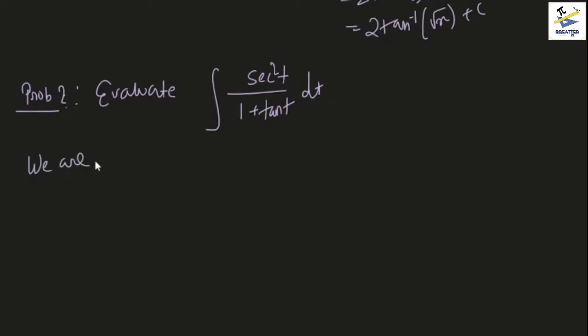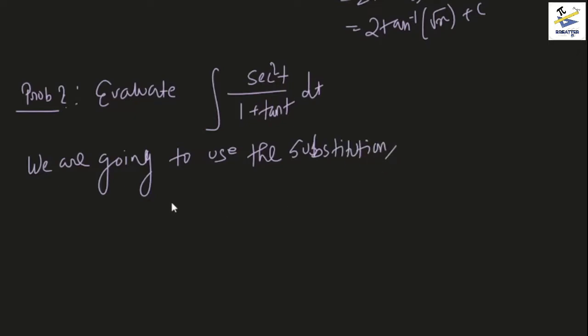We are going to use the substitution u equals to tan of t. This is because the derivative of tan of t is basically sec squared t, which is present in the numerator. So du should be equal to sec squared t dt.